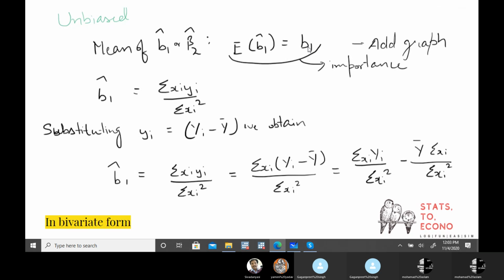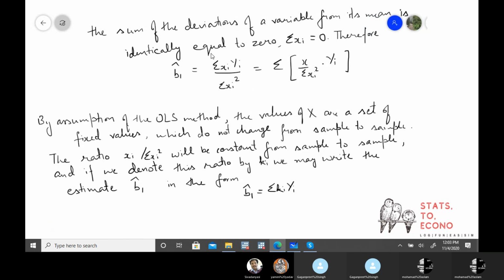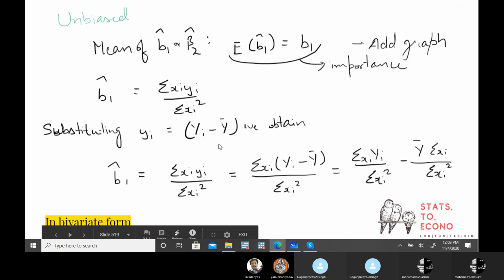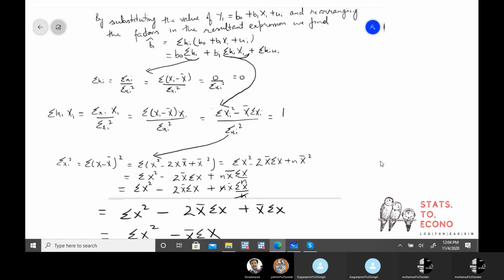Beta 1 is only in the population equation of yi, and that's why we need yi here. That's also a reason we are going to use it, and this term has already disappeared, so we are left with yi. So we are putting in the value of yi.